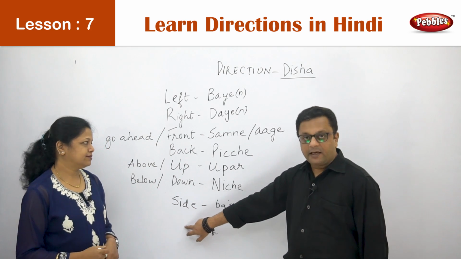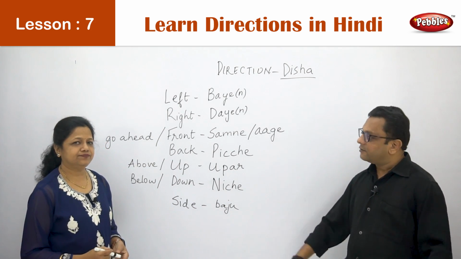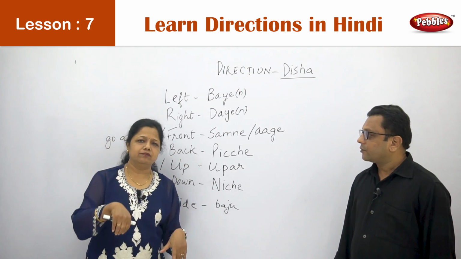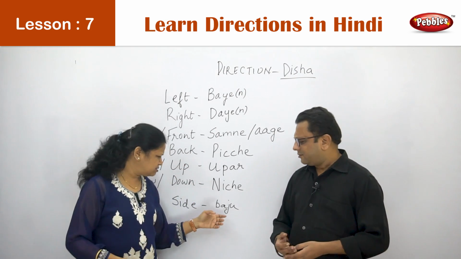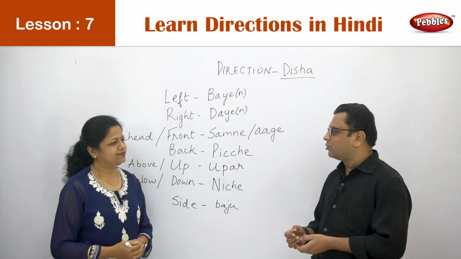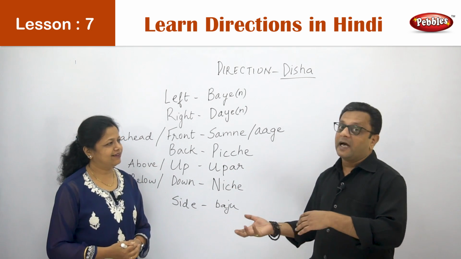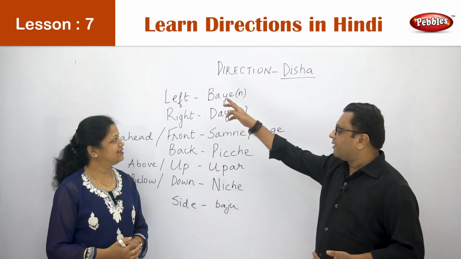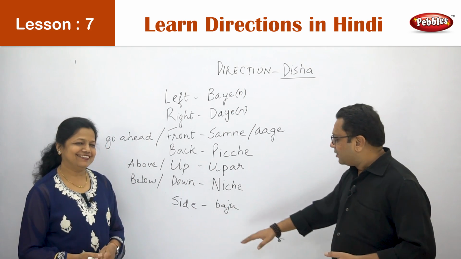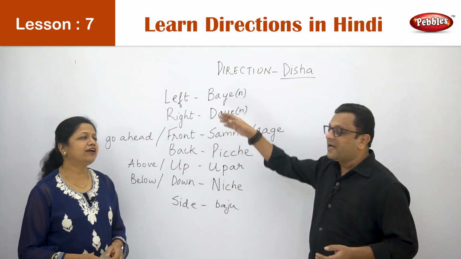And side, any side, right side, left side, front side, back side, upper side, below. When we use these words, Hindi में generally हम बाजू बोलते हैं. Whenever some non-Hindi people directly translate, when I say left side, they directly say बाएं बाजू. But in this case, you need not say बाजू because it's not necessary as such.